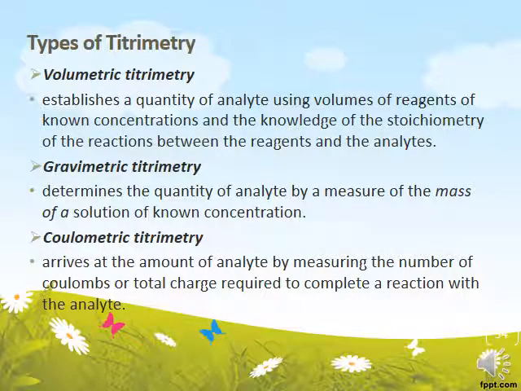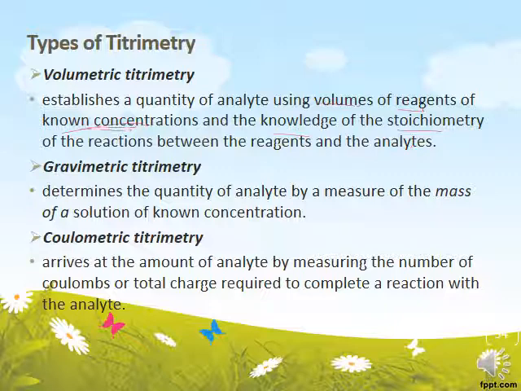There are three types of titrimetry: volumetric titrimetry, gravimetric titrimetry, and coulometric titrimetry. Volumetric titrimetry establishes a quantity of analyte using a volume of reagent of known concentration, and knowledge of the stoichiometry of the relation between the reagent and the analyte.